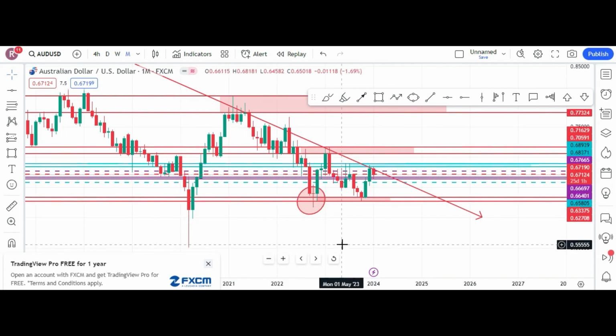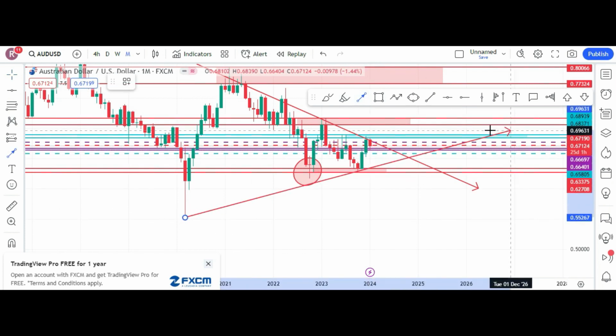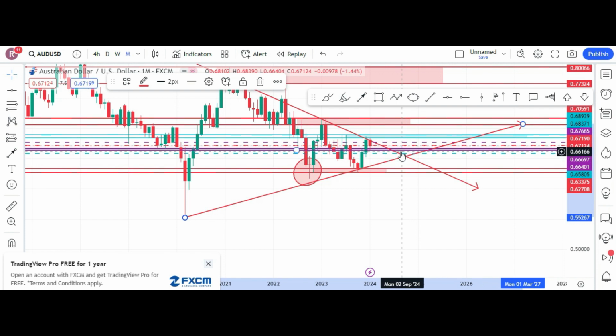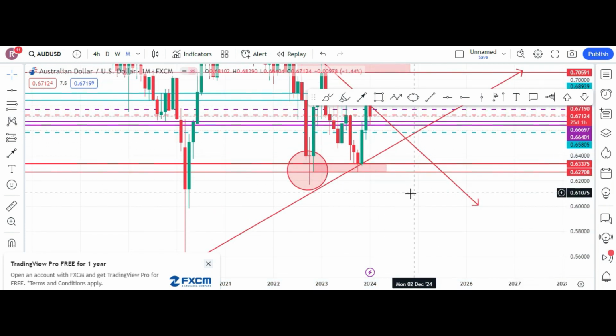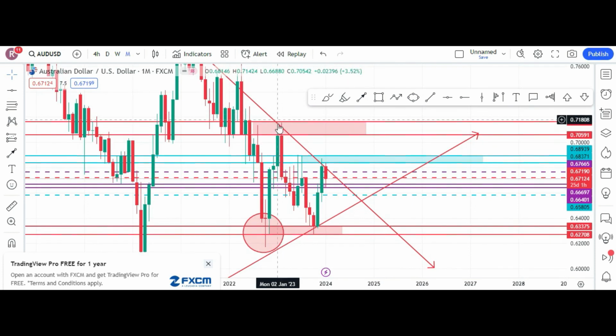So if we draw a downside trend line, we can see that it is also coming like this. Okay guys, so we have something maybe in October 2024 month-wise, but that is too long. Things will start breaking out as it has touched here, and every time it touched, it pushed it back.